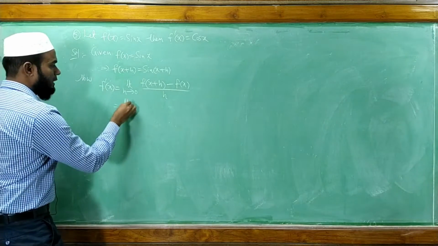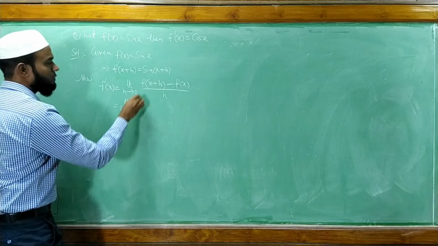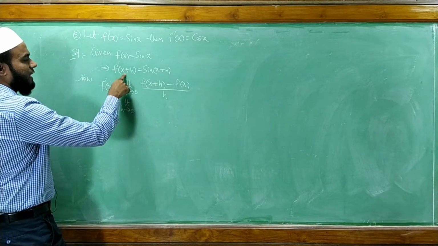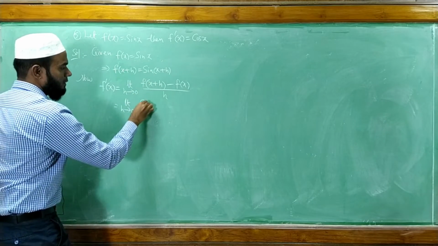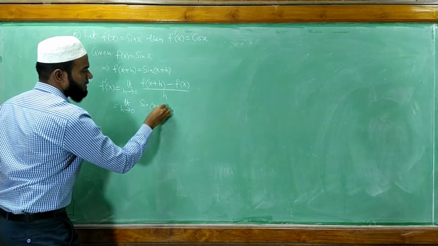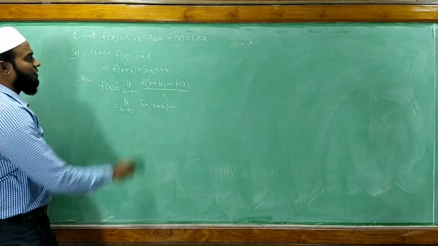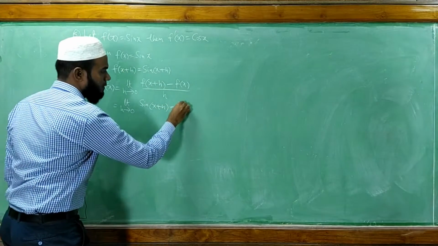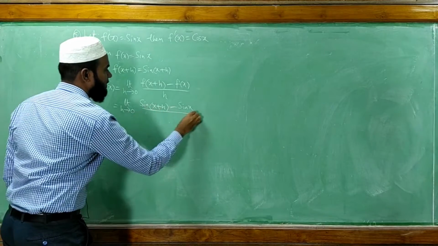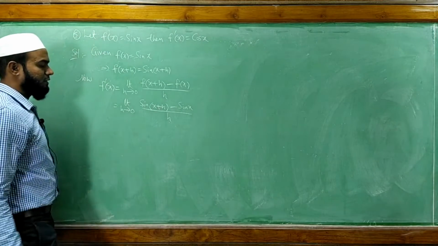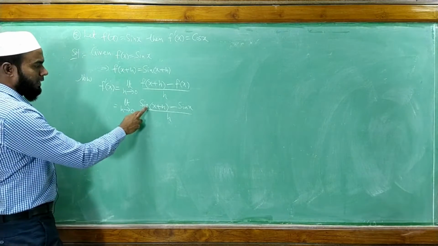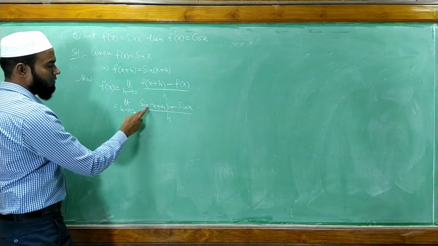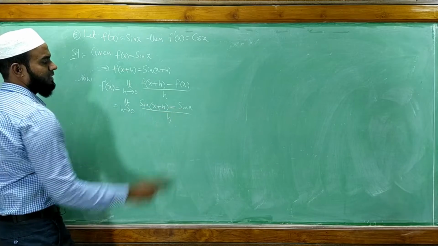So this is equal to limit h goes to 0, f of x plus h, which is nothing but sine of x plus h, minus f of x, which is nothing but sine x, divided by h. Students, look at this carefully. It is in the form of sine c minus sine d.